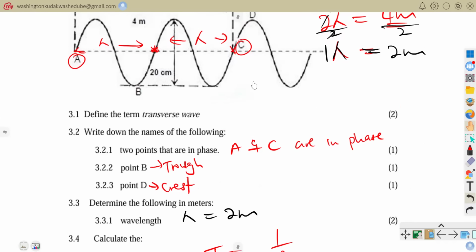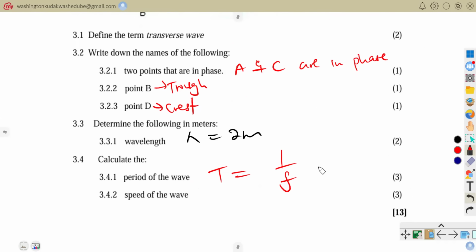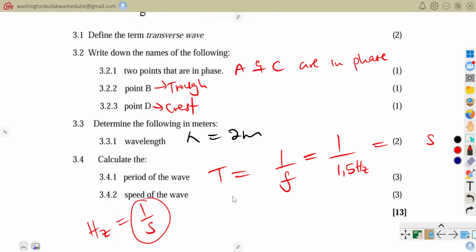So now I know my frequency, so I can calculate my period. That is just 1 over 1.5 hertz. This is going to give you time in seconds, because hertz simply means 1 per unit second.